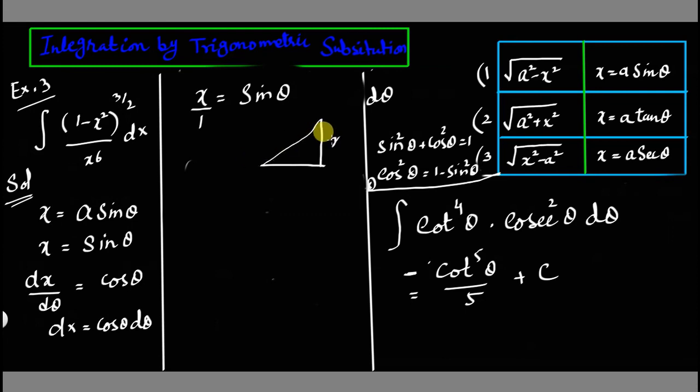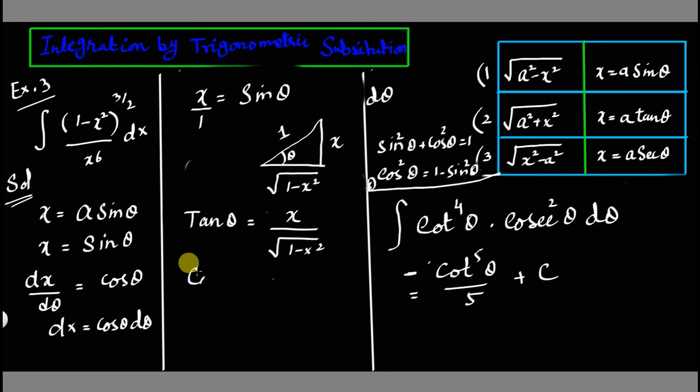this is x and this is 1. It means the perpendicular is x and hypotenuse is 1. So by using the Pythagoras theorem we can get the base square root of 1 minus x square. So here it is cot, so we want to find the value of tangent theta. This angle is theta, so tangent theta will be x over square root of 1 minus x square.